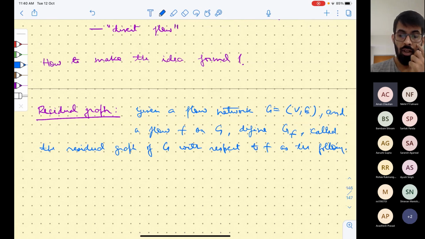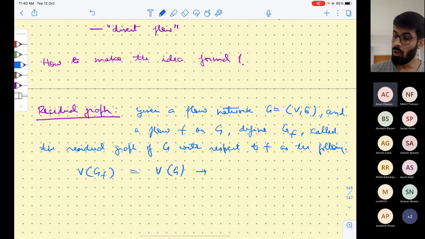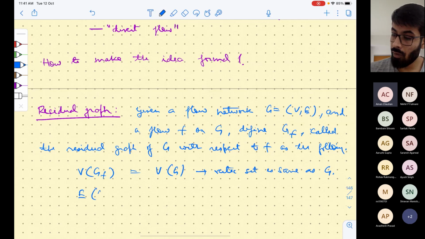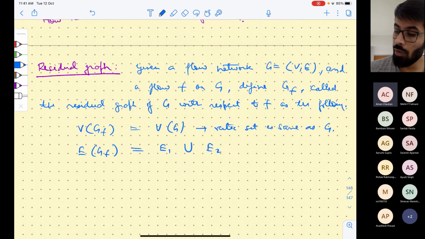Okay. And what do we want to say? That the vertex set of GF is the same as the vertex set of G. That is not a big deal, right? I use this V of G interchangeably, it denotes the vertex set of G. And what is the edge set of GF? It is made up of two kinds of edges, E1 union E2. E1 is called forward edges.